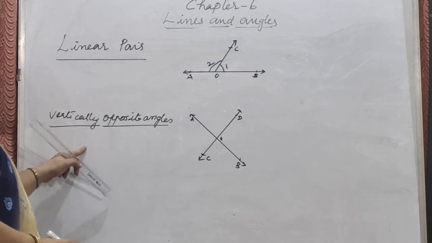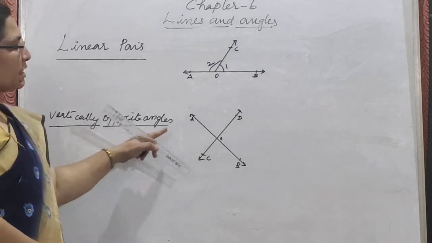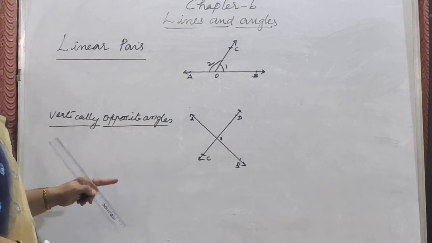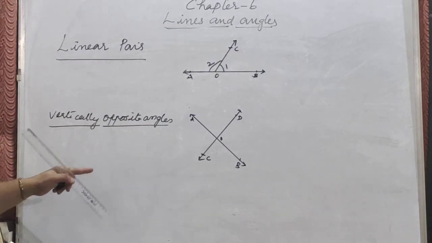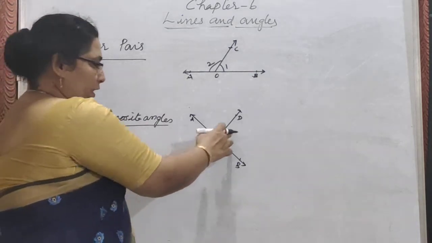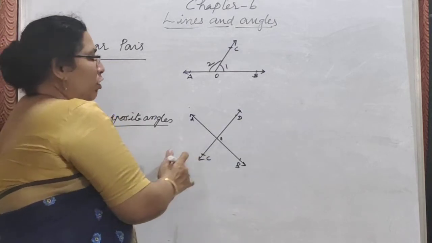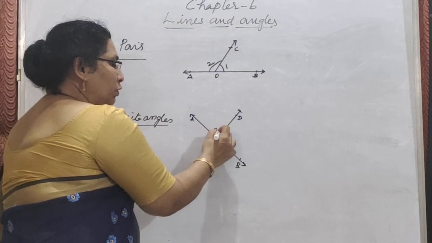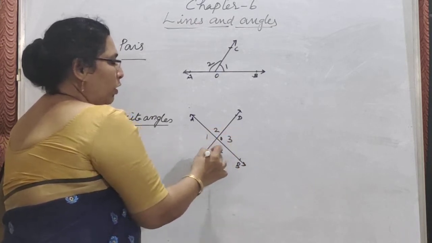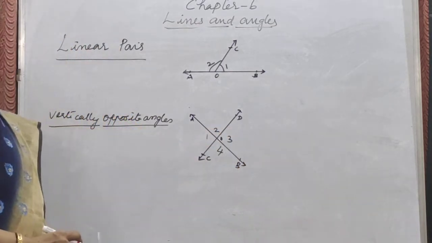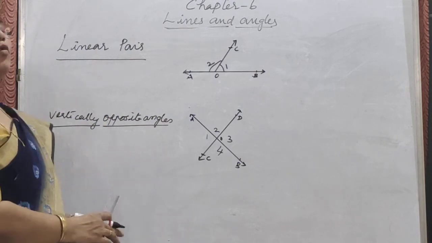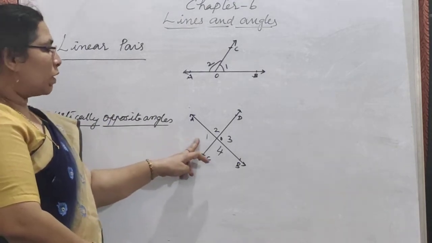Now what are vertically opposite angles? Two lines AB and CD intersect each other at one point. Intersecting lines AB and CD intersect at O. Then how many angles are formed? 4 angles are formed: 1, 2, 3 and 4. These vertically opposite angles are equal. We will prove this as a theorem later. What is the meaning of that?